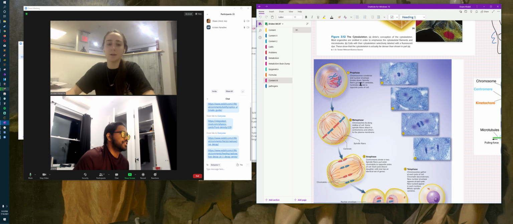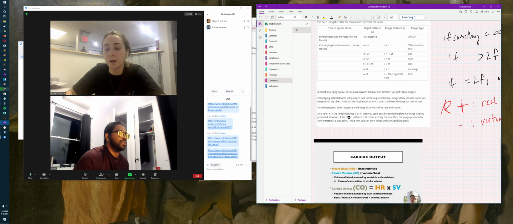That's also in the optics Reddit link that I sent you, because that can help you. I draw the type of lenses for glasses: converging will be convex, diverging will be concave. And if you know that, then if it's a mirror, you would just know it would be the other way around.